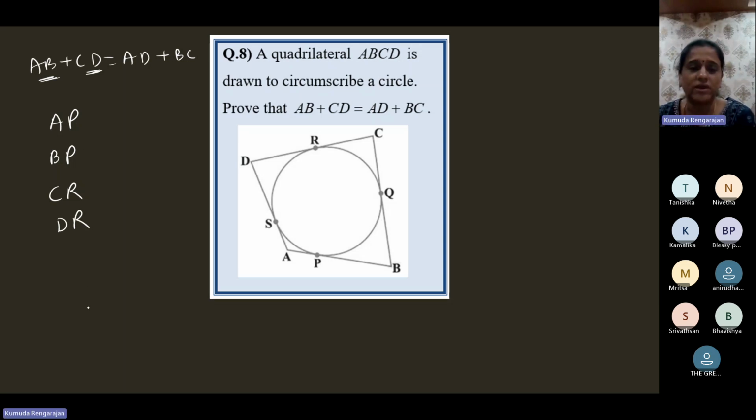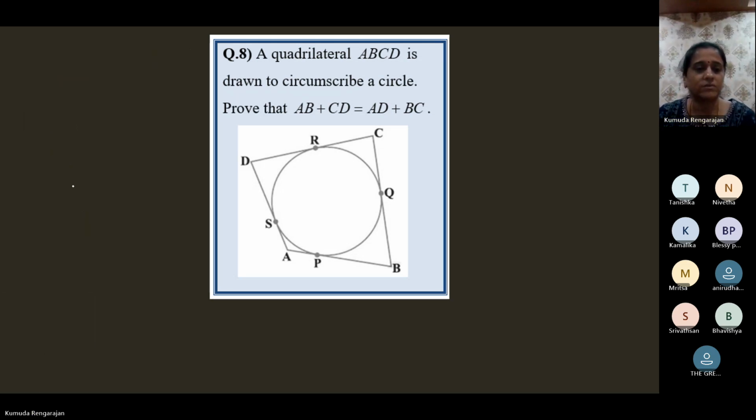Just write them one below the other like this. AB is AP plus BP. AB plus CD, right?